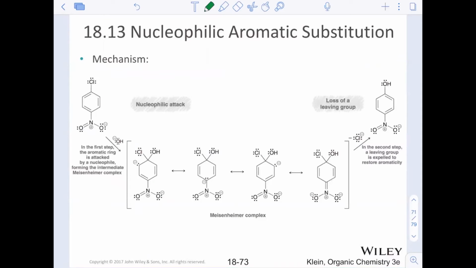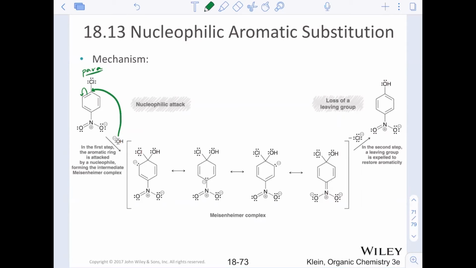Let's take a look at the para relationship first, okay? So hydroxide comes in and attacks the carbon with the leaving group, the carbon of the electrophile, right? We can't kick out that leaving group. That's not going to happen because of a backside attack. Instead, we pop a lone pair onto the rest of the ring, okay?